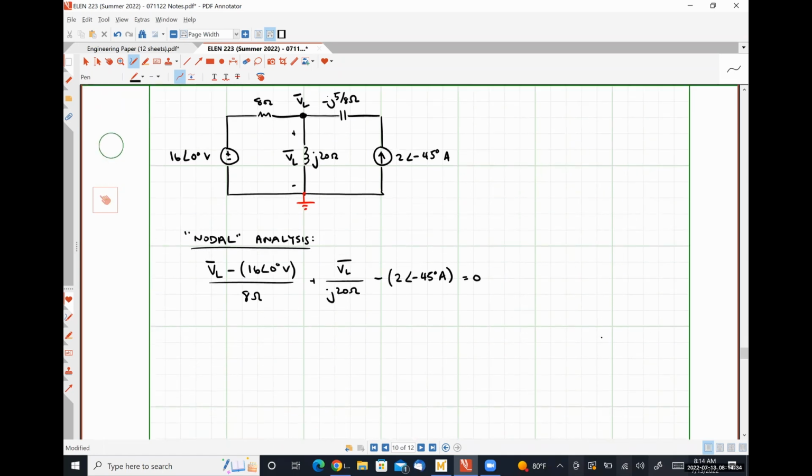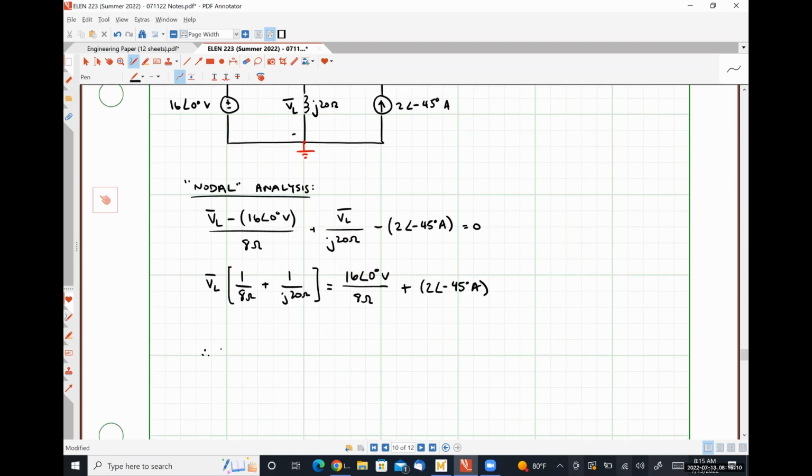Okay. So I'll have VL times a factor of 1 over 8 ohms plus 1 over J20 ohms. And that will be equal to 16 angle 0 degrees volts over 8 ohms plus 2 angle negative 45 degrees amps.